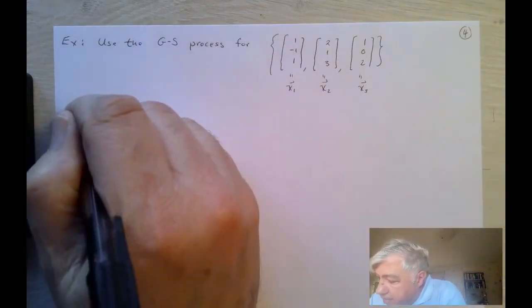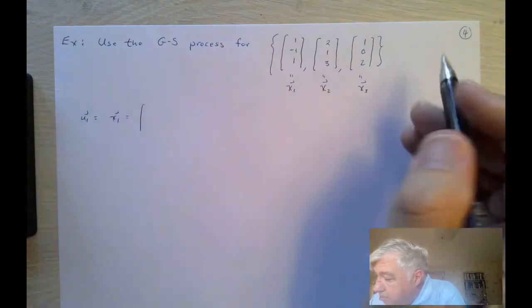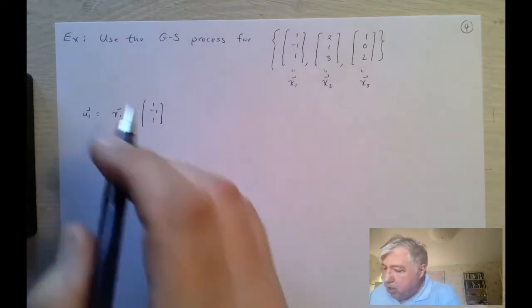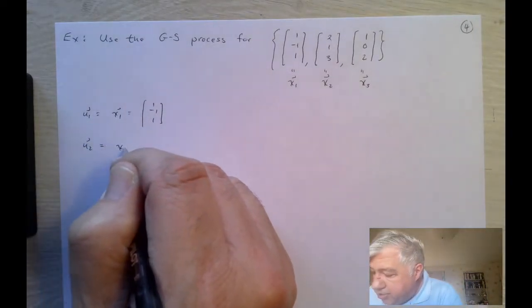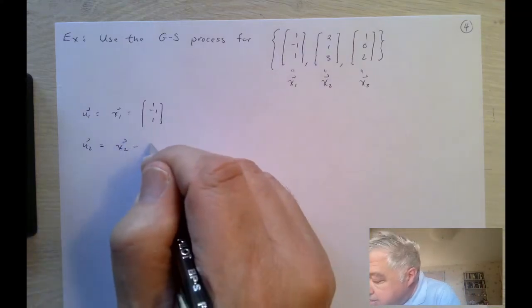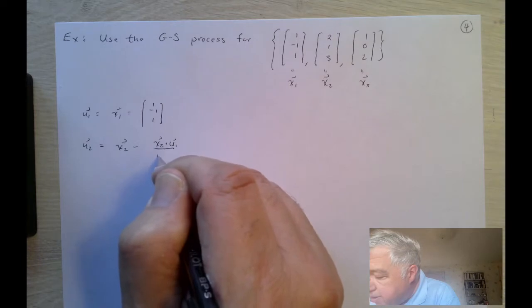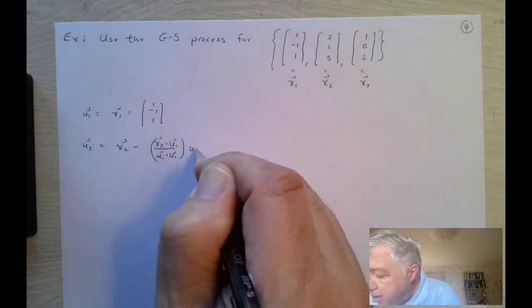U1 then is just going to be x1. That's 1, negative 1, 1. U2 then is going to be x2 minus x2 dot u1 over u1 dot u1 times u1.